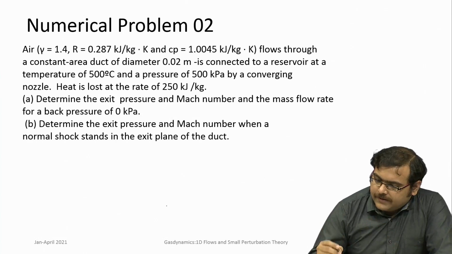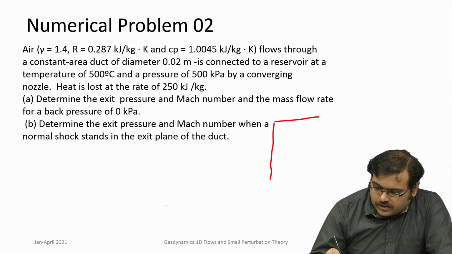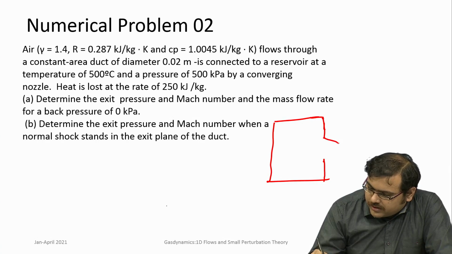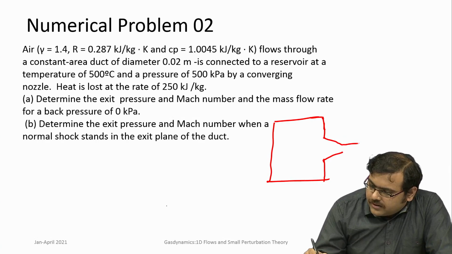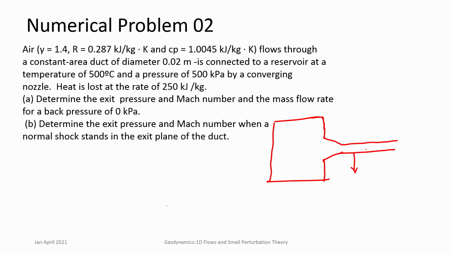So, what is given here is that there is an air reservoir, a much larger reservoir, that is connected to a duct by means of a convergent nozzle, and then you have a duct where heat is getting removed.